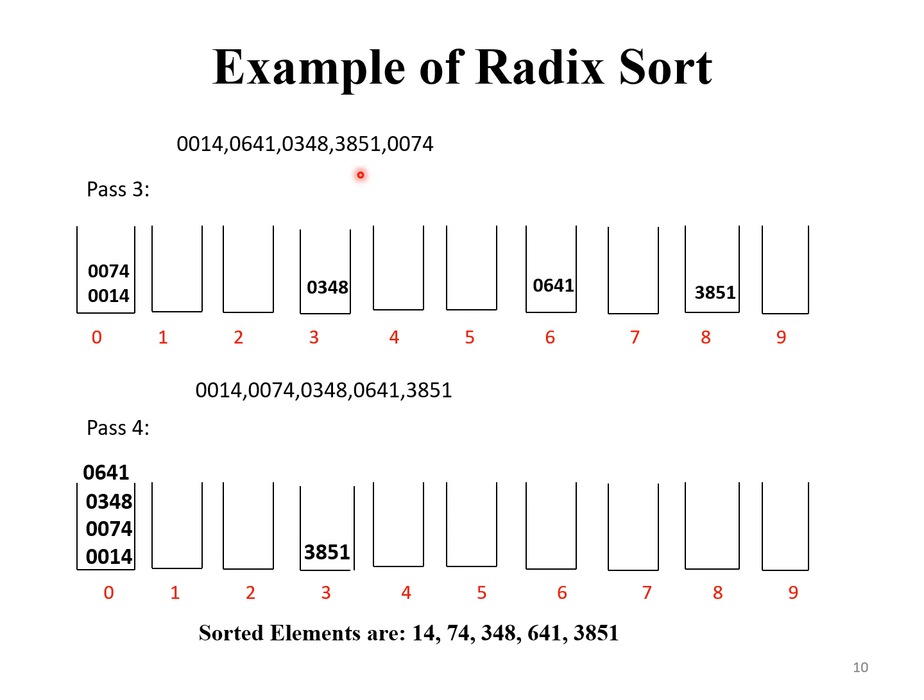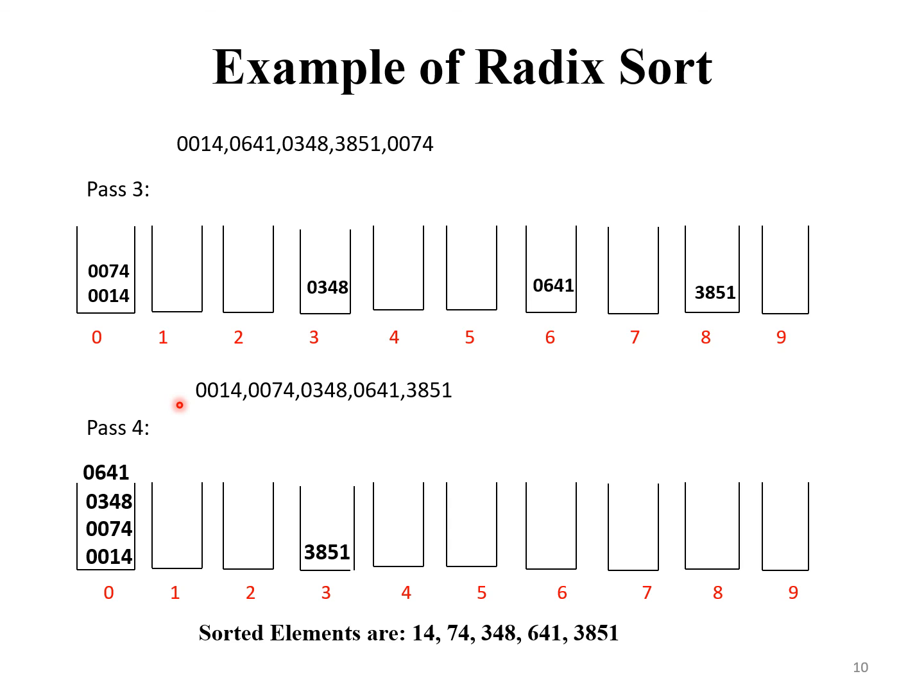Next is 3851. The digit is 8, so we put this number in the 8th bucket. And next is 0074. Here the digit is 0, so we put this number in the 0 bucket.